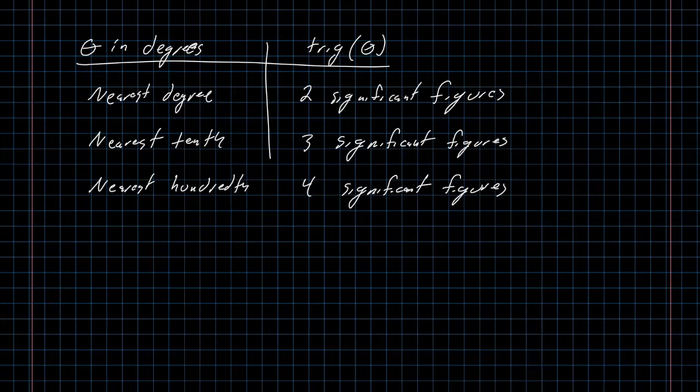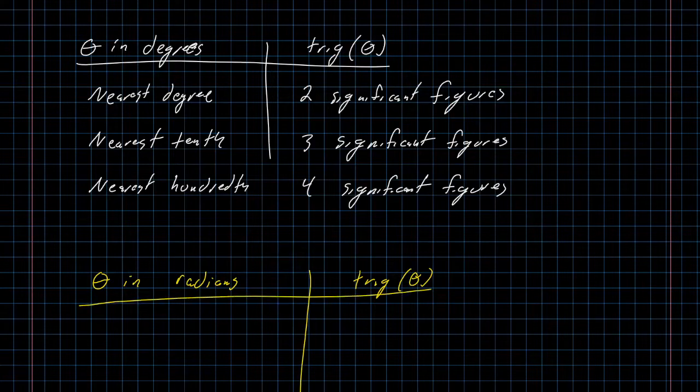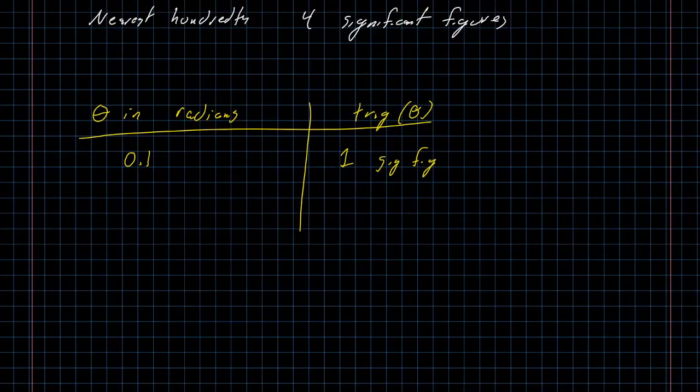The rules here make a lot more sense if instead of looking at degrees, we look at the other tool we have for measuring an angle, which is the radian measure. So if I set up theta in radians, then to the nearest tenth of a radian, 0.1, we get one significant figure.